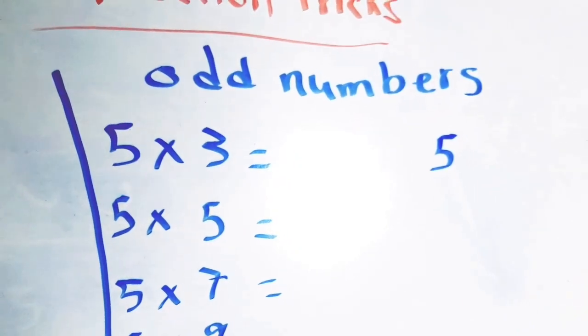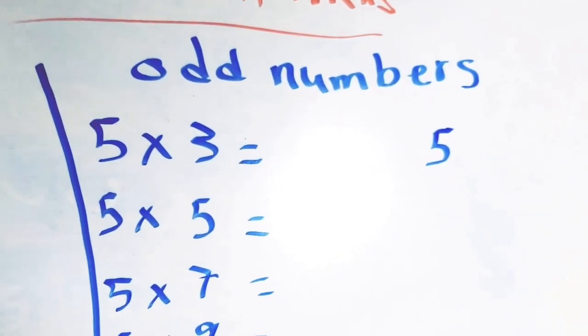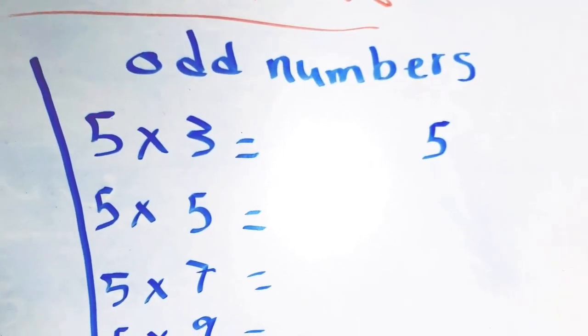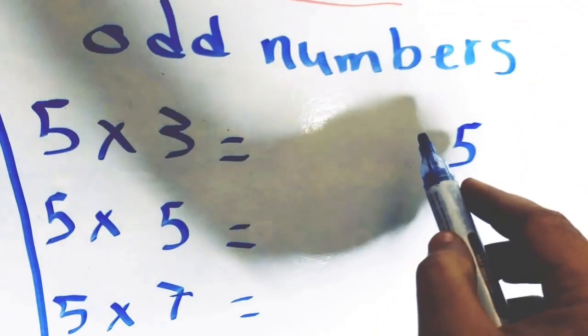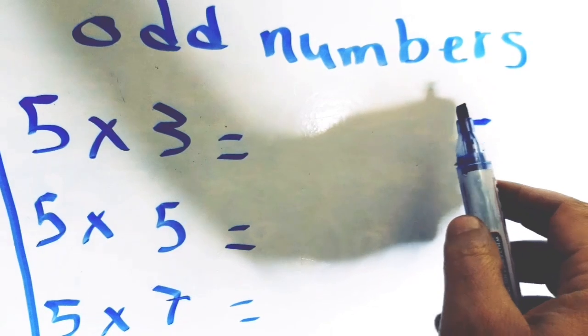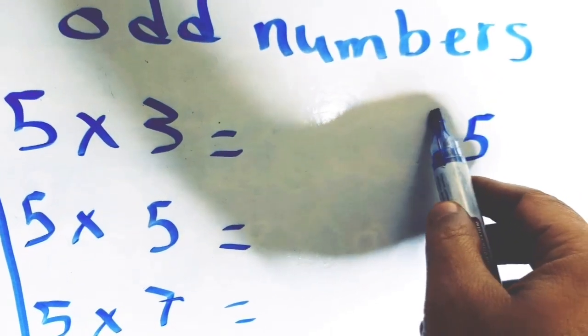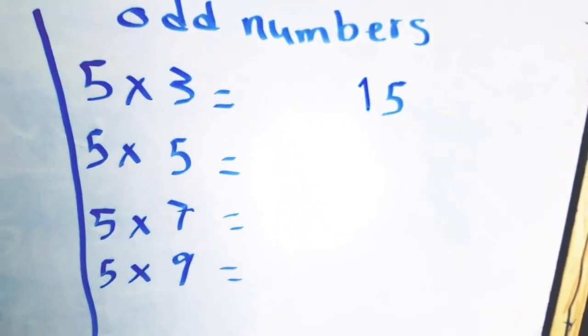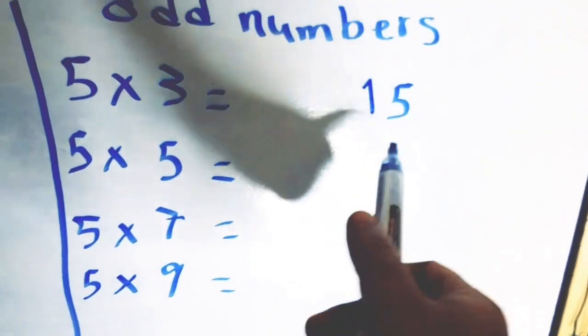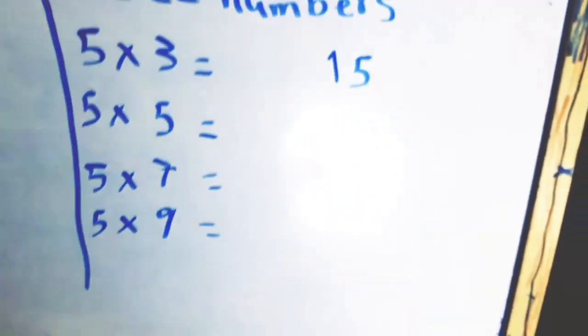After that, we divide the remainder, which is 2, by 2. 2 divided by 2 equals 1. So 15 is the multiplication product of 5 times 3.